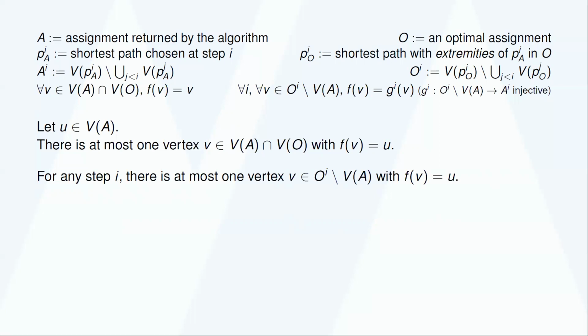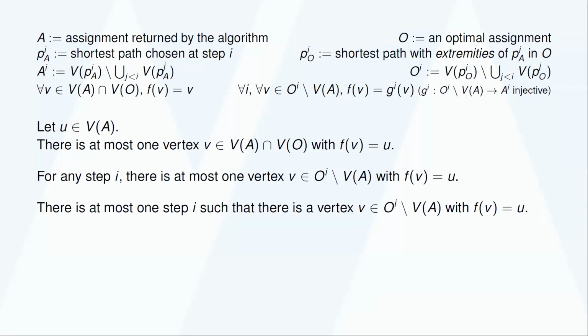Second remark is that at any step, they can't have more than one vertex of this set with the image by F that is U. Here it's because we picked GI to be injective, so if there were two, it would be the same vertex.